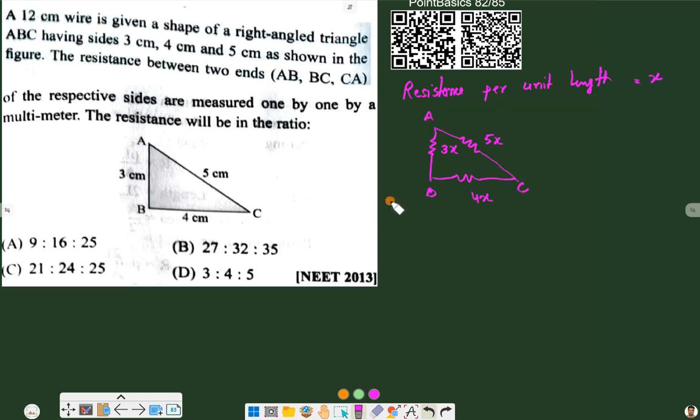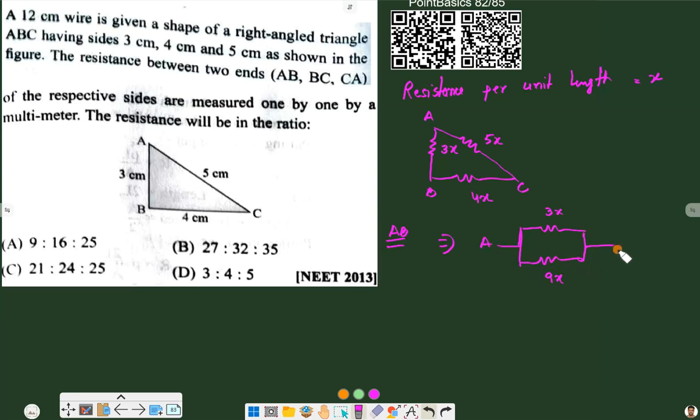Now let's find the resistance between A and B. For AB we have two paths. Either we can go from A to B directly, or we can go via A to C and then C to B. AC and CB are in series, so we have 5X plus 4X, that is 9X.